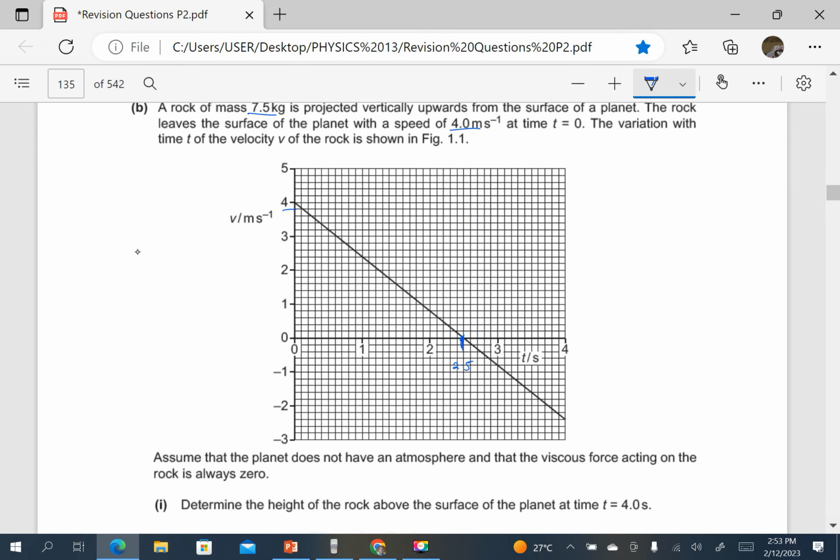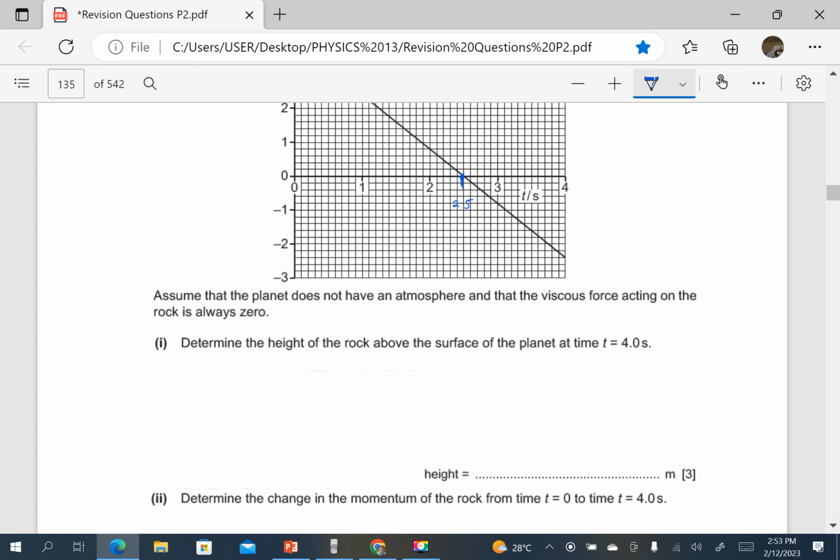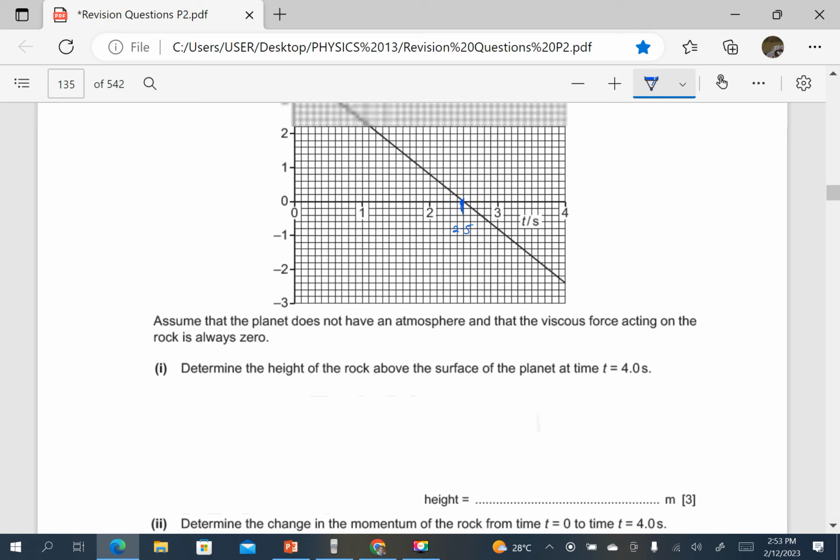So it reaches maximum height at 2.5 because at maximum height, velocity in the vertical is 0. Assume that the planet does not have an atmosphere, meaning air resistance can be ignored, that the viscous force acting on the rock is always 0. Determine the height of the rock above the surface of the planet at t equals 4 seconds.